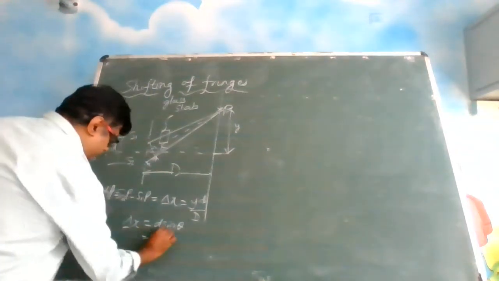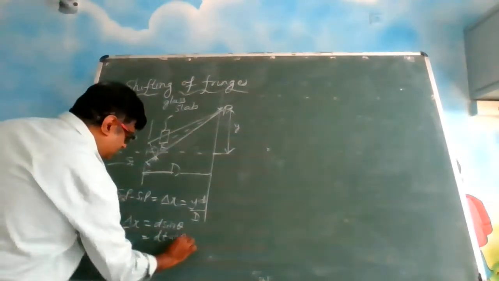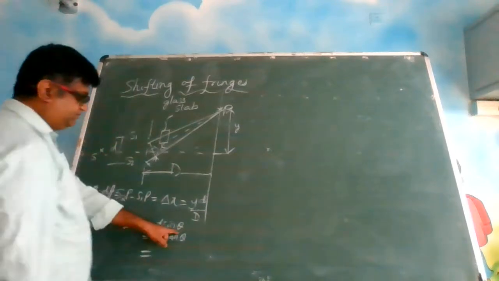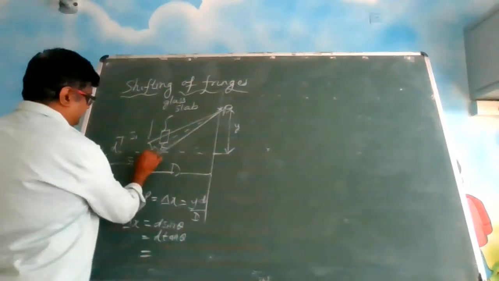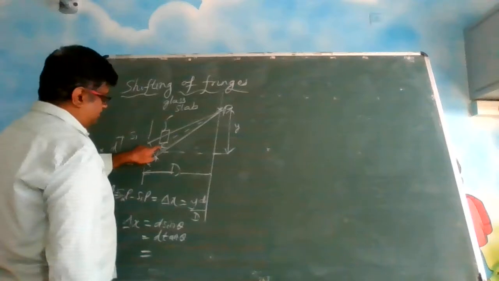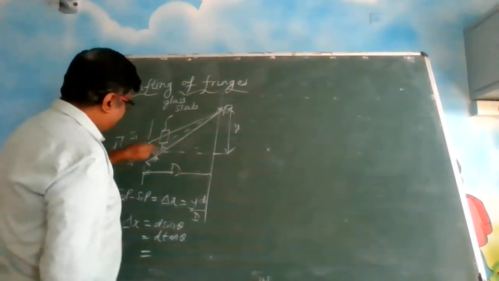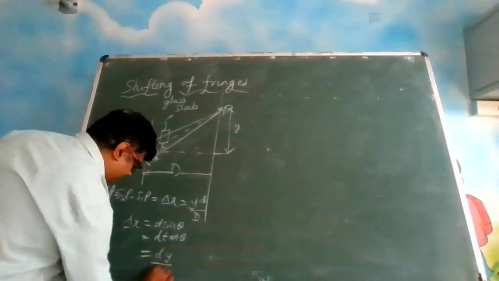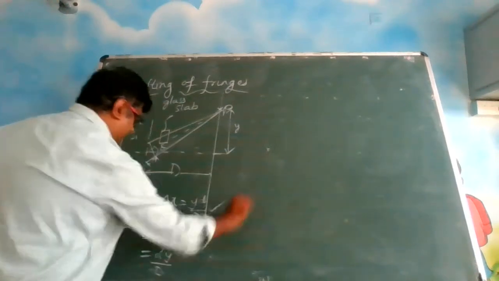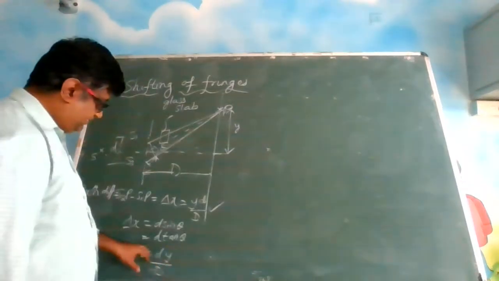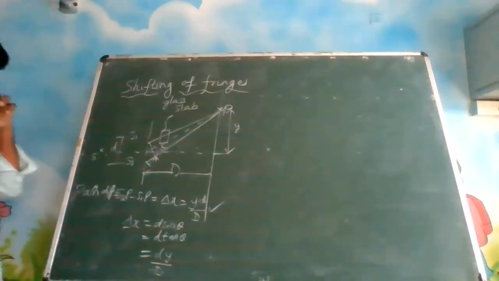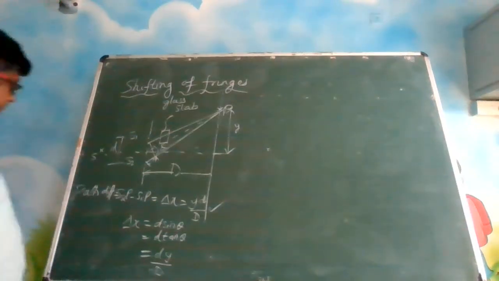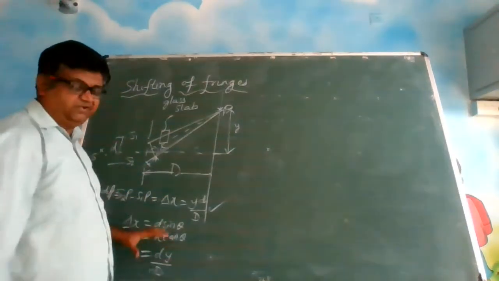So you can approximately write this as d tan theta. In this triangle, this is theta, so what is tan theta? Y divided by capital D. So it is d into Y divided by capital D. This is what we have written here: Y d by capital D. Now, this is the original path difference.